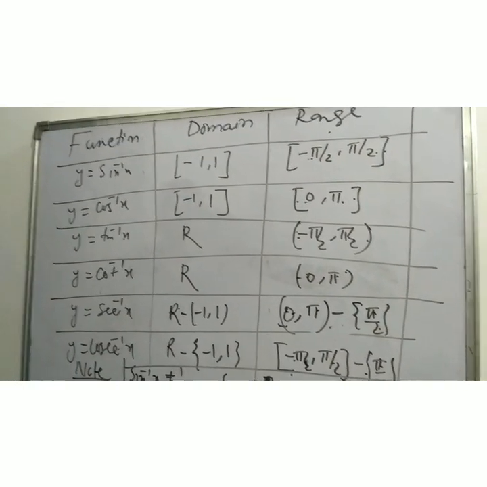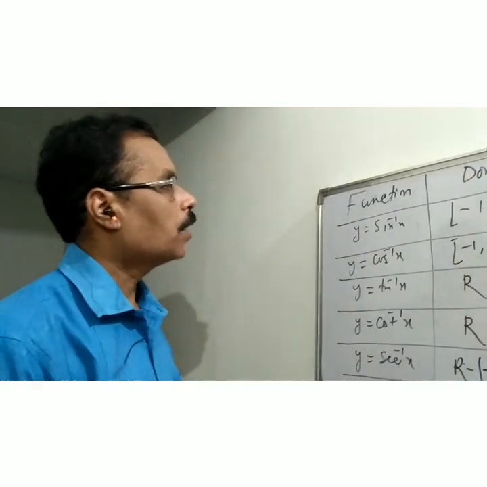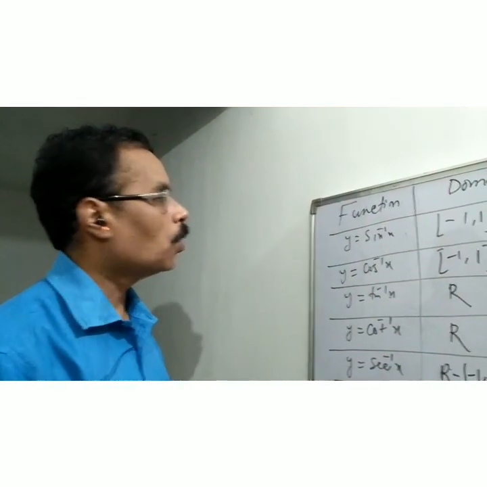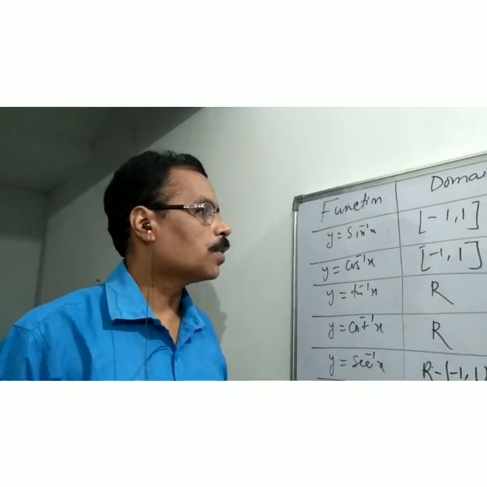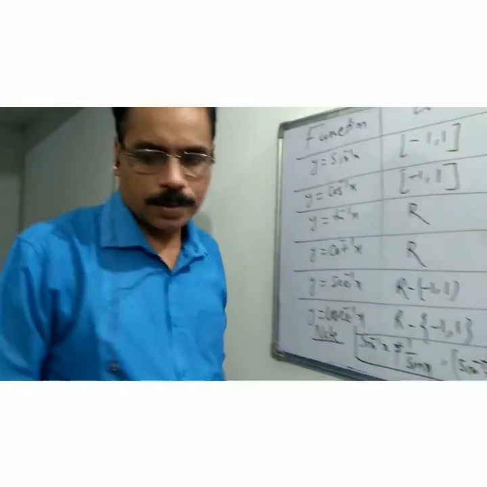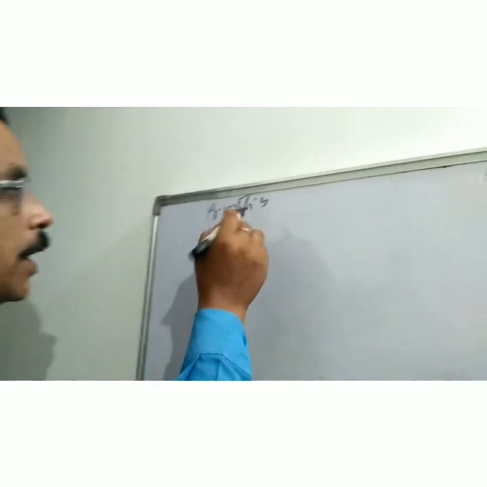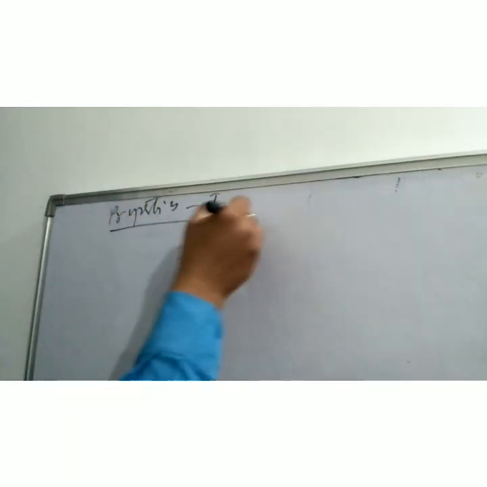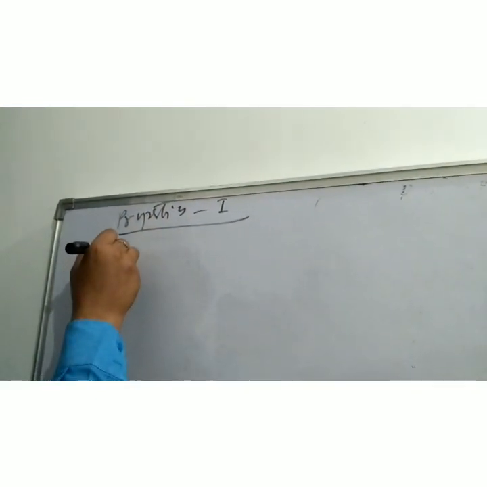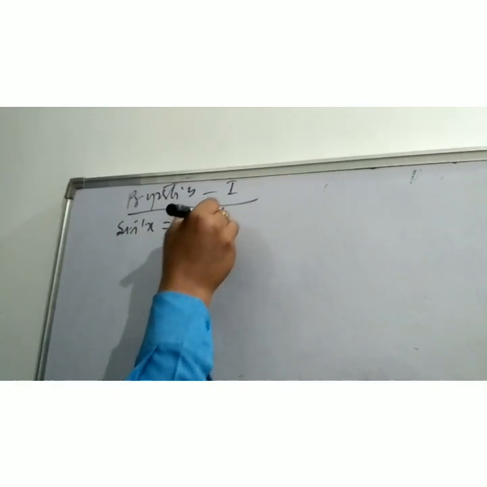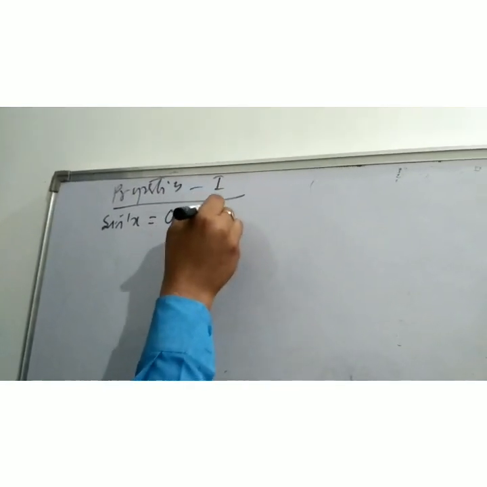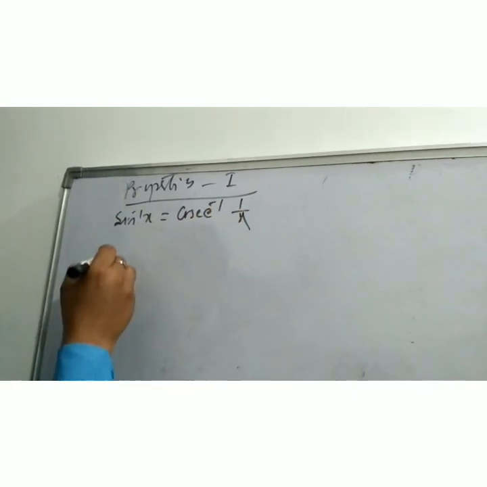How will I now apply it to some problems? Before that, I'll discuss two properties of the trigonometric functions, then I'll proceed to the first exercise. Property 1: sin inverse x is equal to cosec inverse 1 by x.